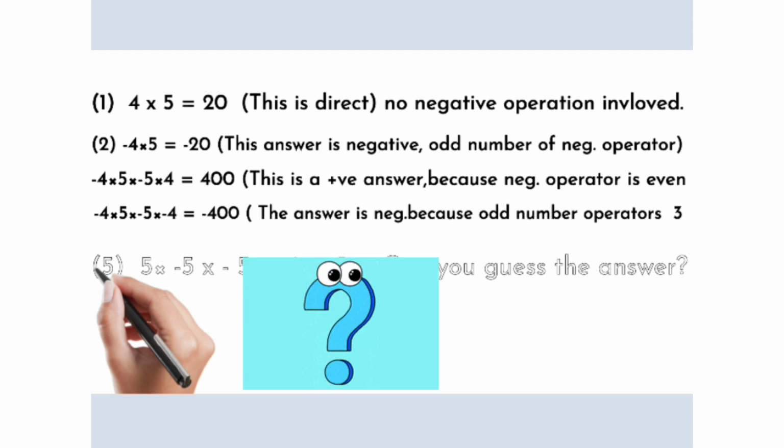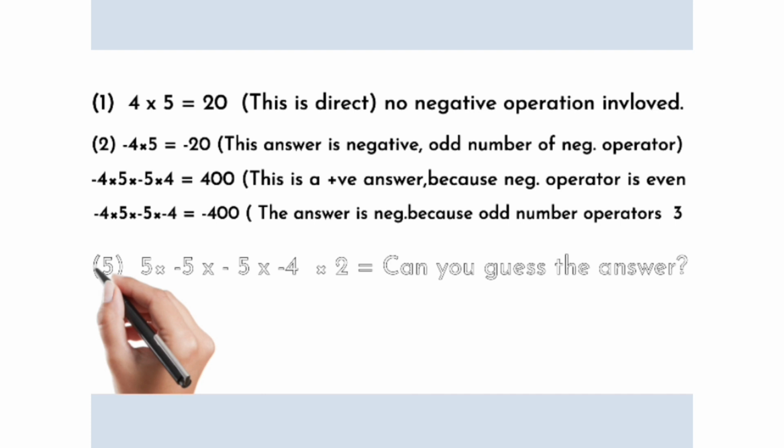Take a pause and see if you can get it correctly. First and foremost, look at the number of times the negative operation occurs in this expression. You can see it is 1, 2, 3.